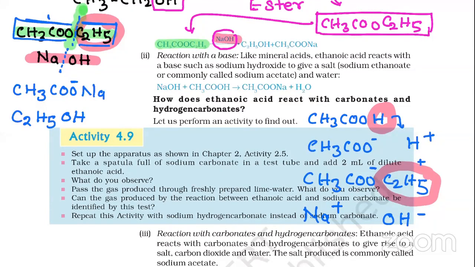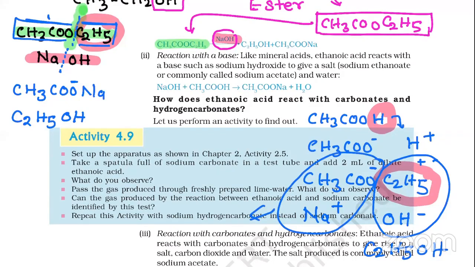So C2H5 is combining with OH, producing C2H5OH, and Na is combining with CH3COO, giving CH3COONa. Now clear or not? Clear, everyone?